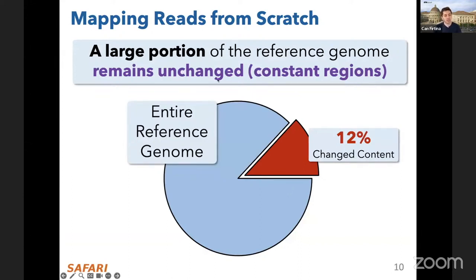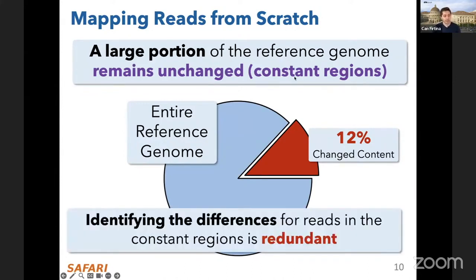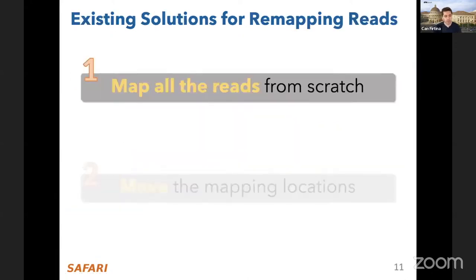So a large portion of the reference genome remains unchanged, meaning they are constant regions. Identifying the differences for reads in the constant regions is redundant, because there are essentially no changes. So for most of these regions, we don't have to do mapping at all. So this was the first solution and the potential issue with it.